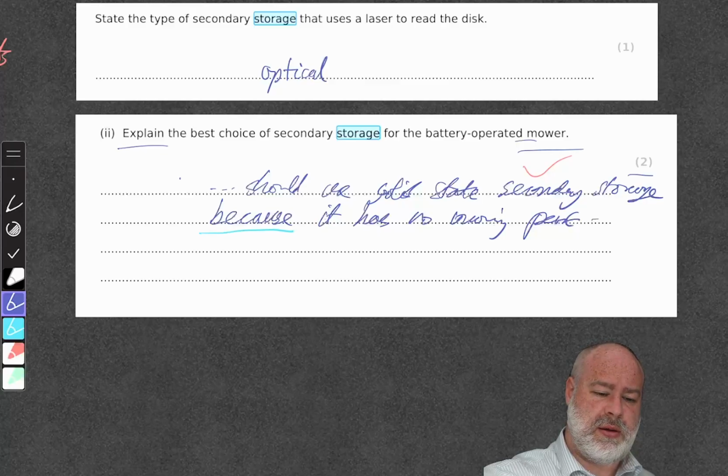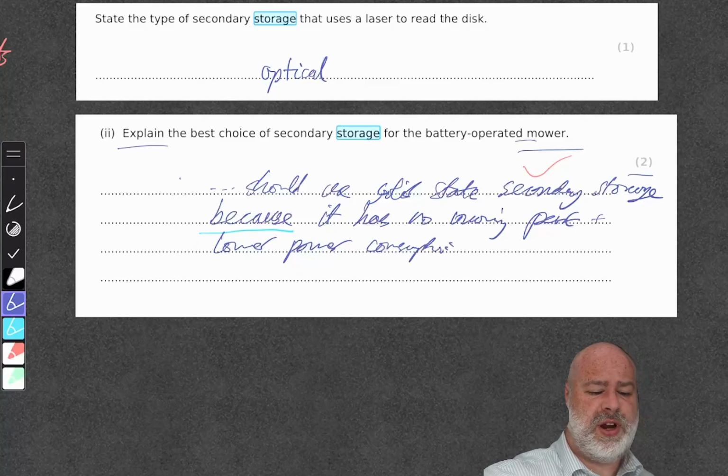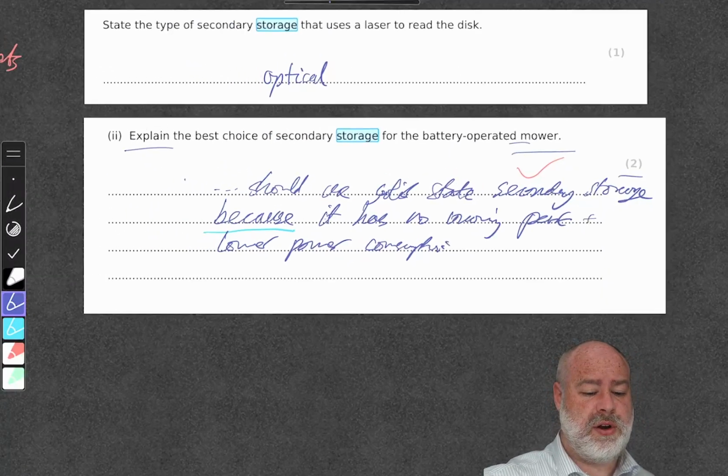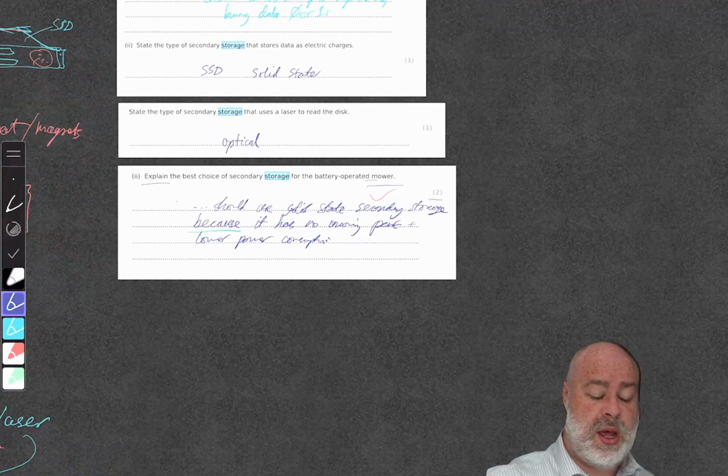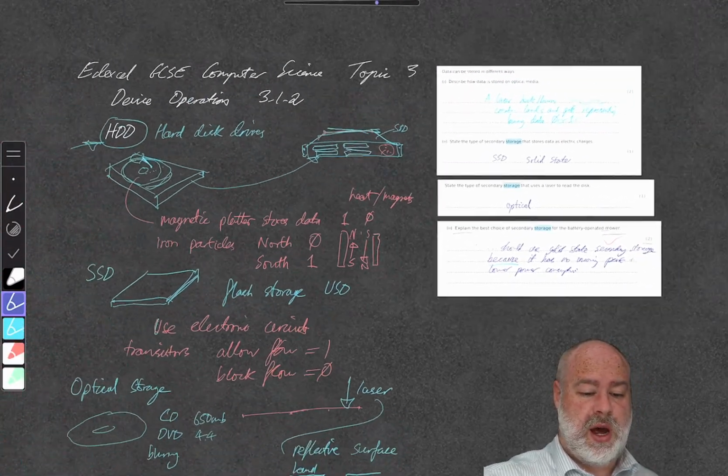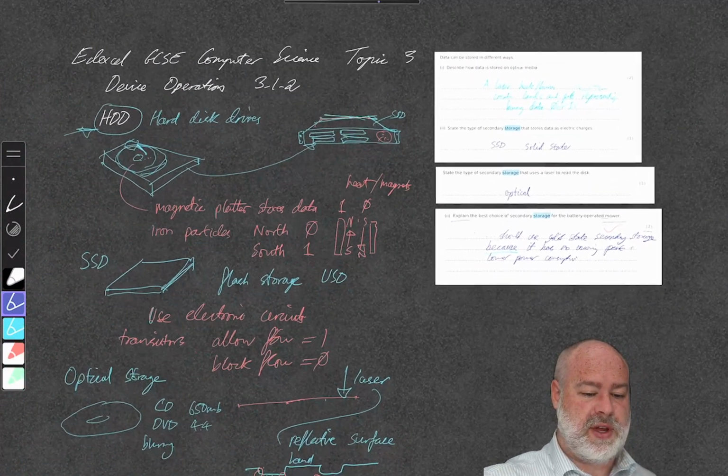You could say plus lower power consumption, and if you really wanted to be careful, you could talk about why having no moving parts would be best for a mower, because it's outdoors, but I'm pretty sure that would be enough to get you your 2 marks.